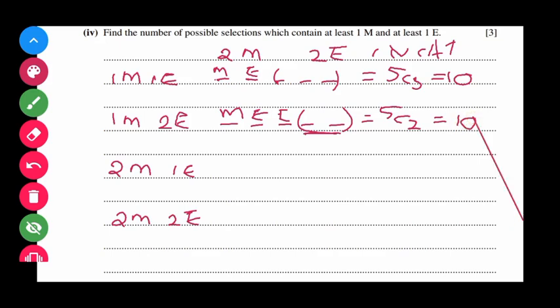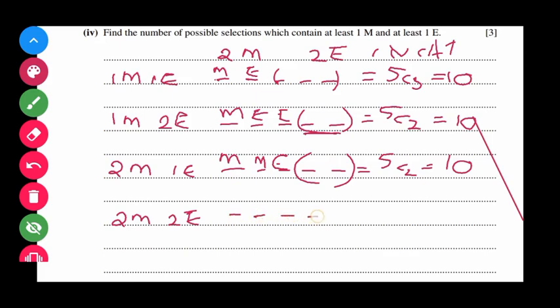Let's take the third case. We need to choose 2 M's and 1 E. So here also 2 places to be filled out of 5. So that is 5C2 ways. That is also 10.